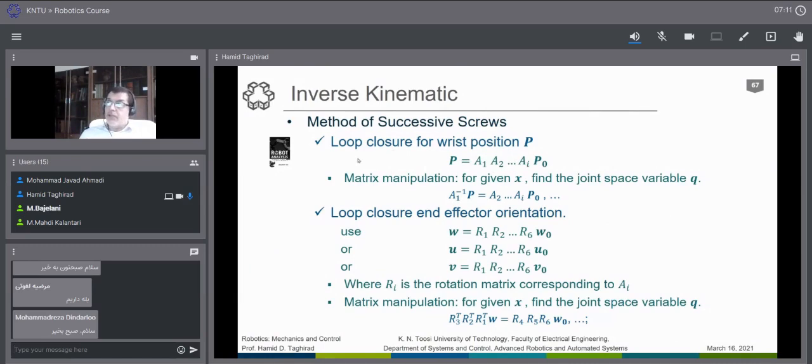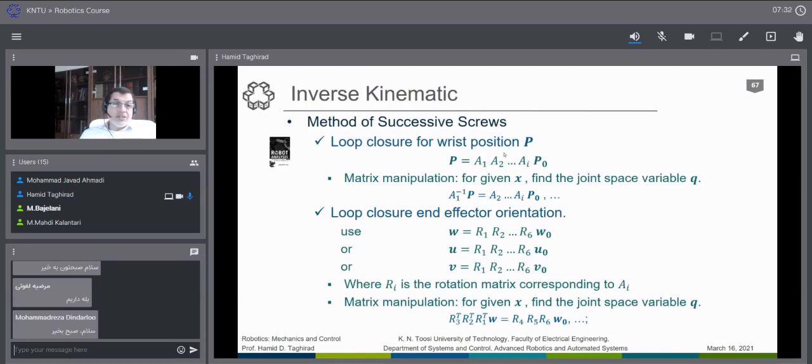But the technique that we are using is, first of all, we can use a number of homogeneous transformation inverses, or the transposition of the rotation matrix actually. On the other side, this P0 is usually very simple.